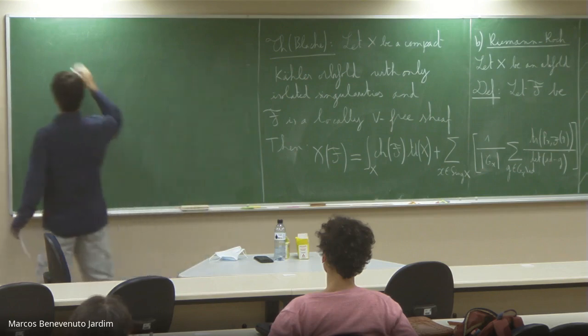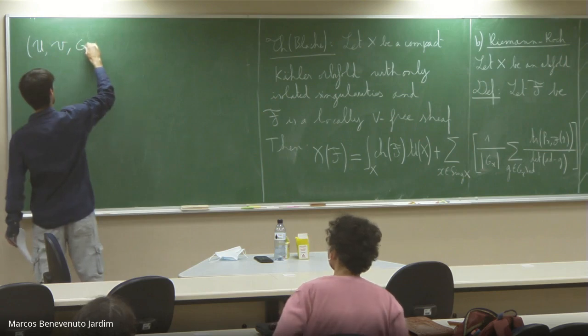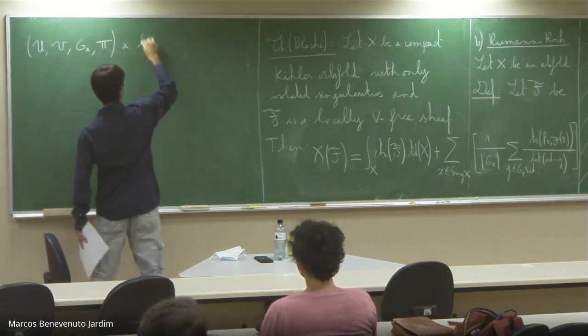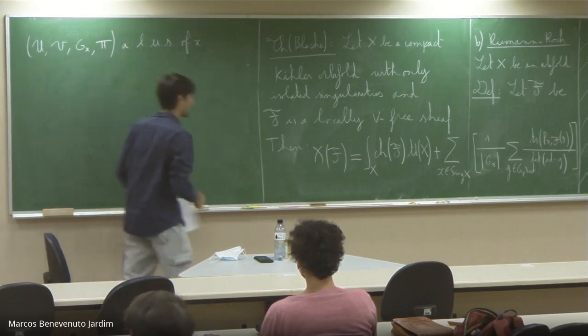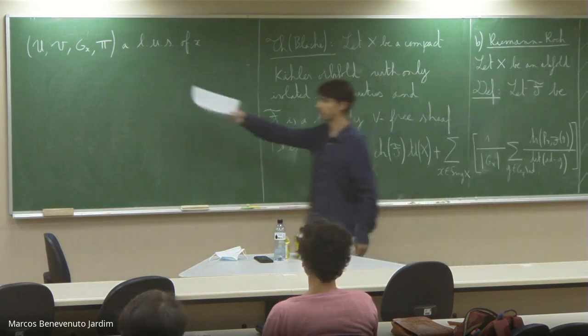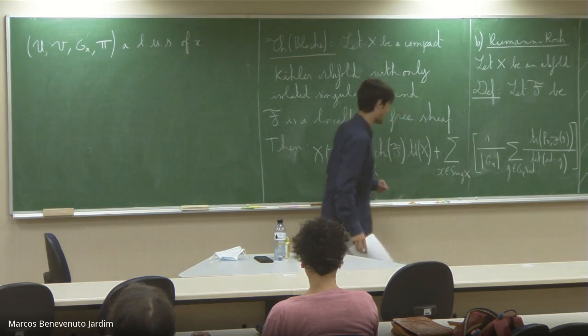So I consider U, V, Gx, and pi, a local uniformizing system of x. So this is Gx, it's the G here of the local uniformizing system of x.